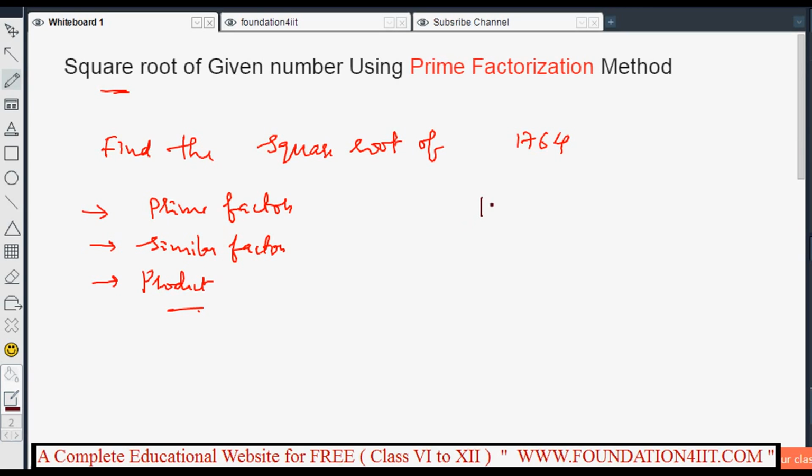So 1764 is a perfect square number. First you need to write its prime factors, the product of prime factors. 2 is the first prime number. If you do division, 2 table: 2 8s are 16, 1 carry, 1 6, again 8 2s are 1764.